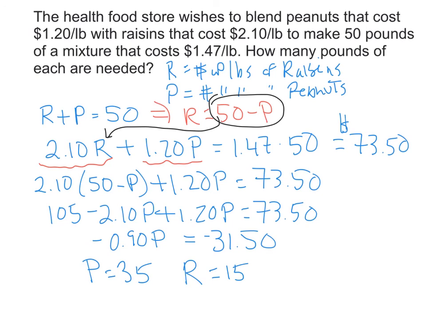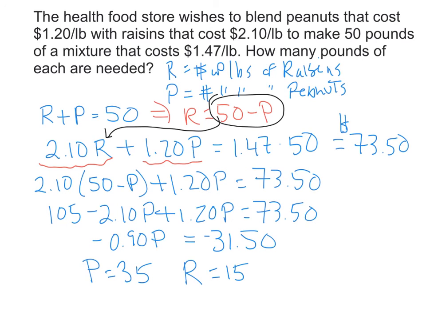And you can go back and double check for yourself that $2.10 a pound times 15 pounds of raisins plus $1.20 per pound times 35 pounds of peanuts should give you $73.50 worth of mixture.